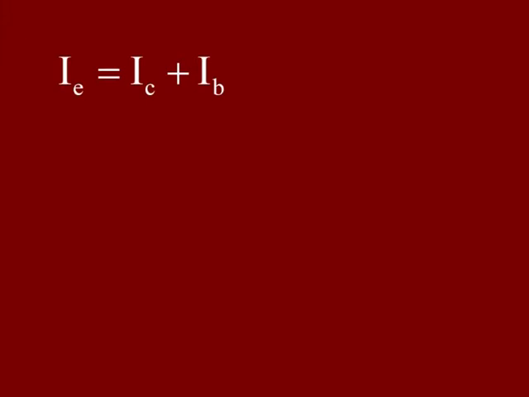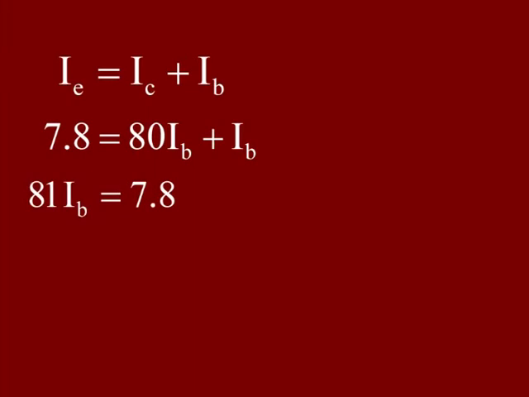Substituting the corresponding values of IE and IC in terms of IB, we can write 7.8 is equal to 80 into IB plus IB, or 81 into IB is equal to 7.8. This gives IB is equal to 7.8 upon 81.